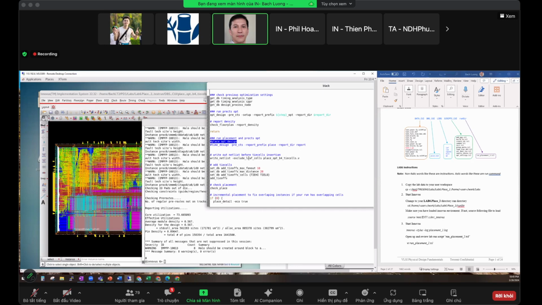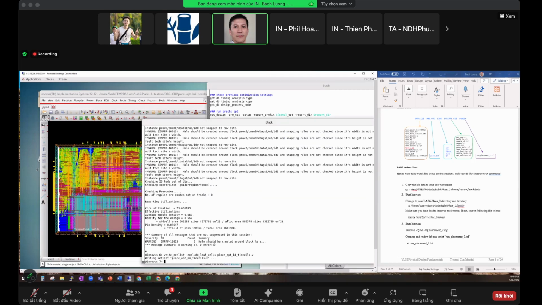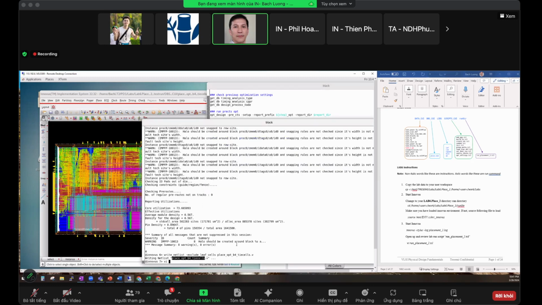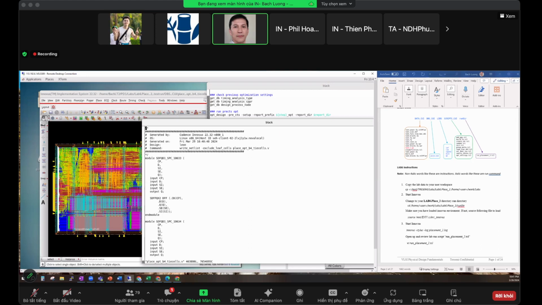Okay, so here I just wrote out a netlist for you to take a look at. Let's see, what's this one? In the last lab, we did the tie insertion and everything, right? So here you can write out the netlist and take a look at it. There should be no 1'b0 here at all. Let me see.